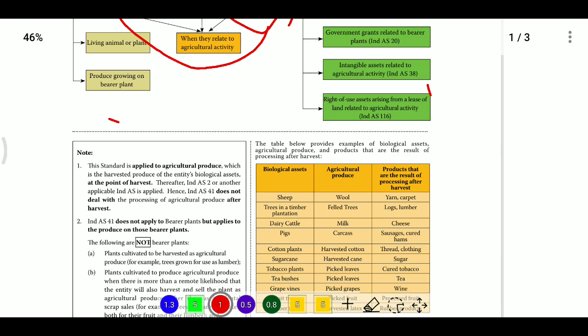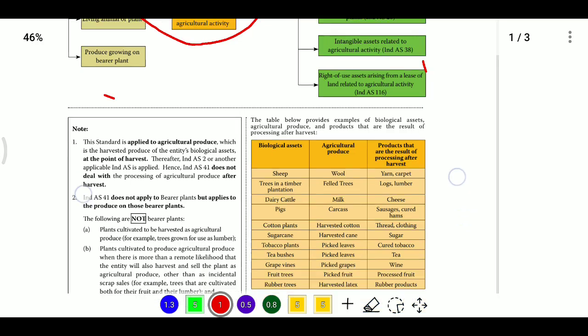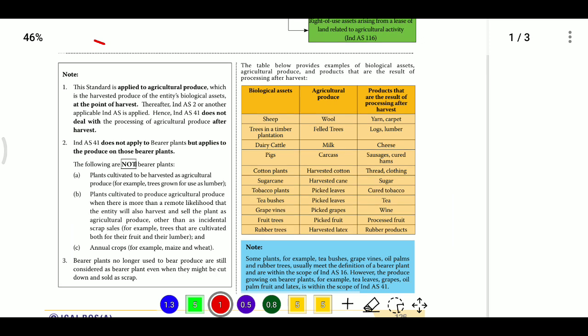Now how can we account for these biological assets? This standard applies to agriculture produce which is harvested from the entity's biological assets.